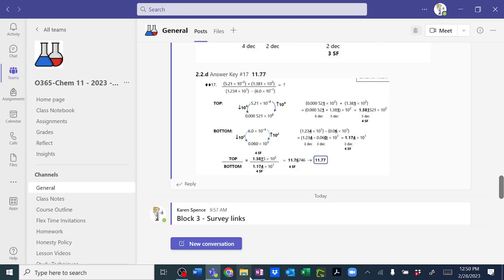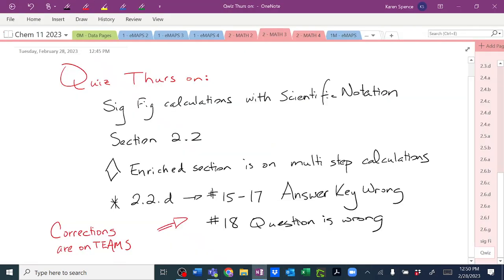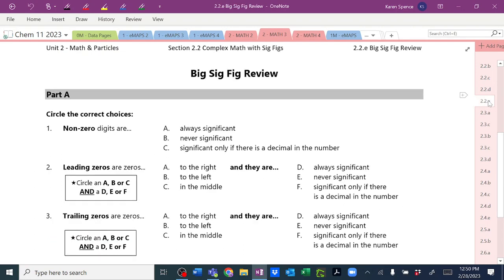For today, we are going to go to page 38. If you already know how to do this and just want to work on the big Sig Fig review, your homework tonight is not to do every question, because there are probably 70 questions, but to do as much as you need to start feeling good about your quiz on Thursday, enough so that you can ask questions tomorrow.